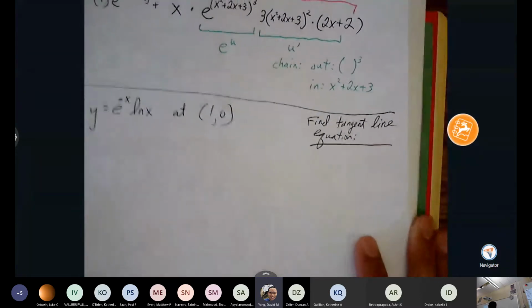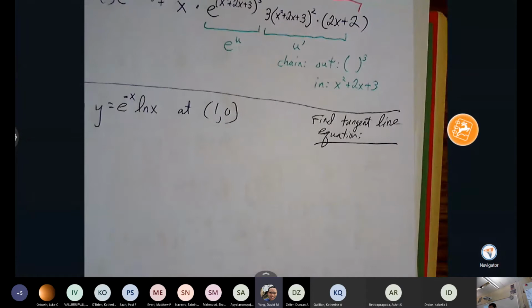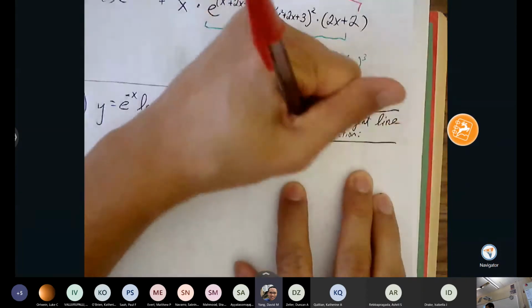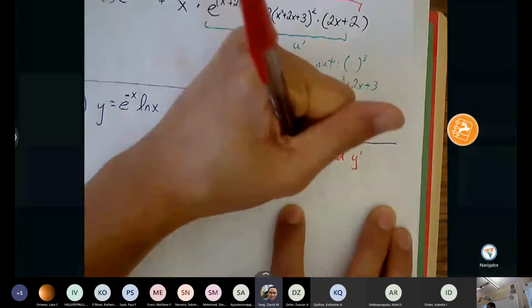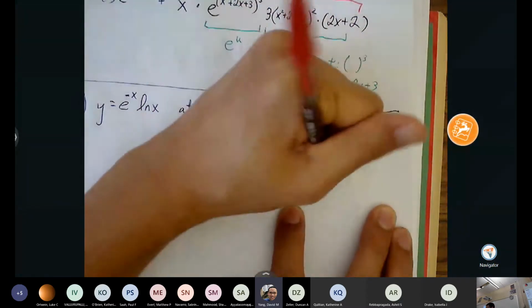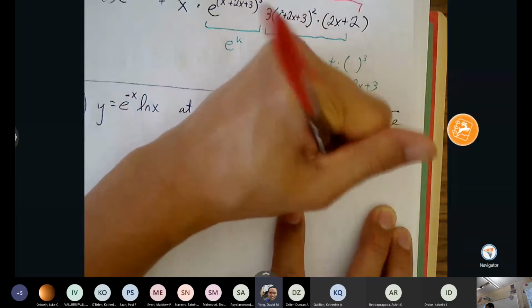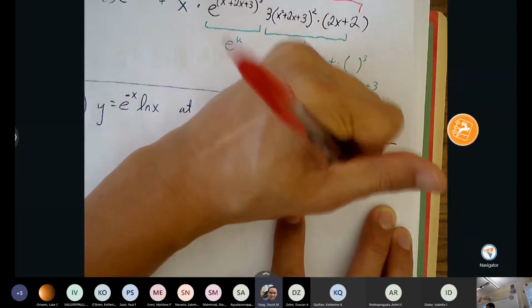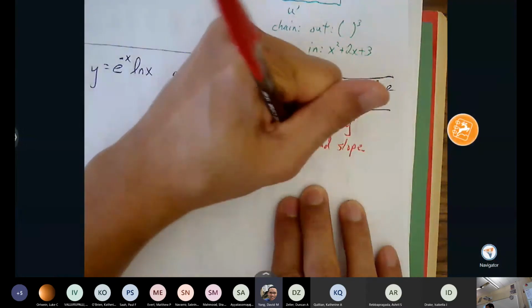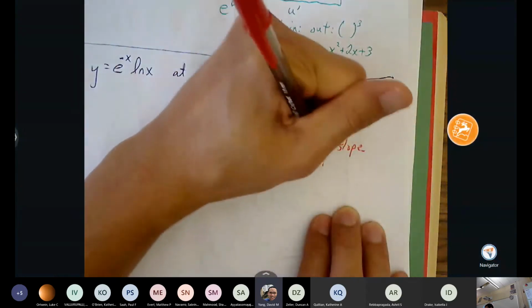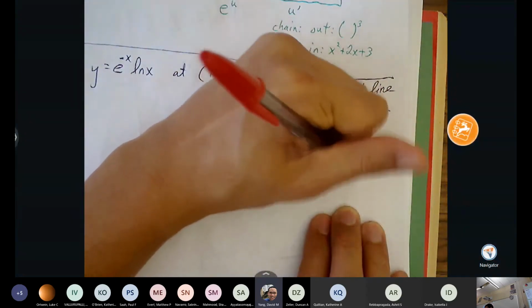So let me highlight the major steps involved for a tangent line equation. First, we need to find the derivative. Second, we need to find the slope using the derivative. And then we can do our point slope form after that. That's our equation.